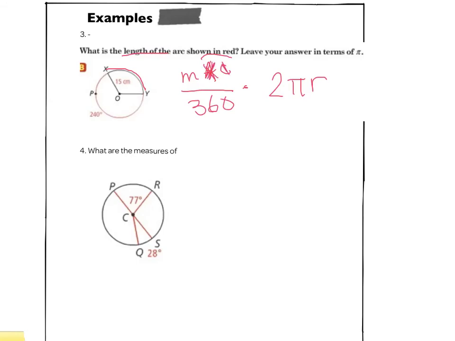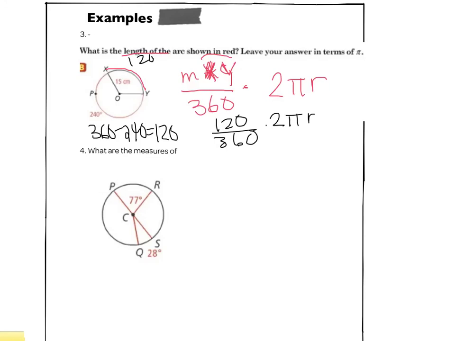So now I'm just going to plug in what I know. Well, I know that this major arc over here is 240. And I know that 360 minus 240 will give me 120. So that means the measure of arc XY has to also be 120. So that means I can plug that in over 360. And then I can multiply that by 2 pi r.